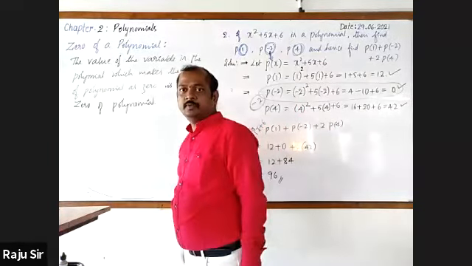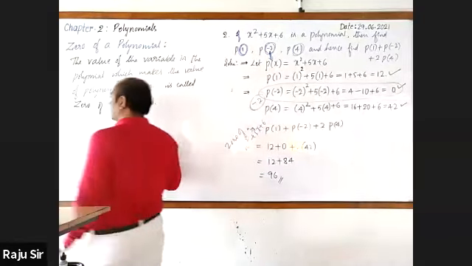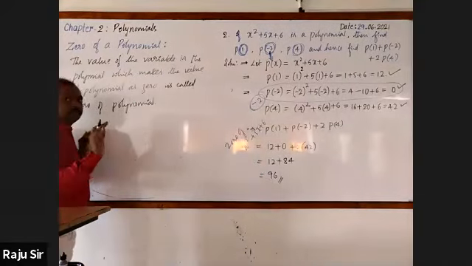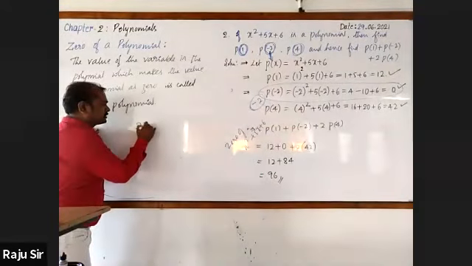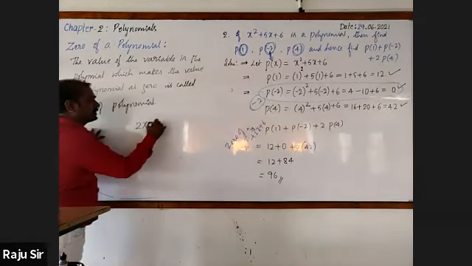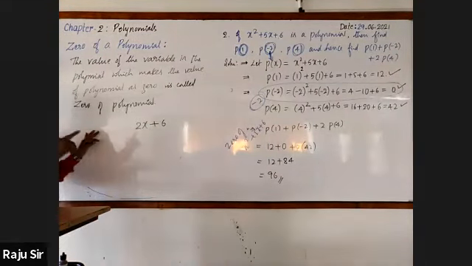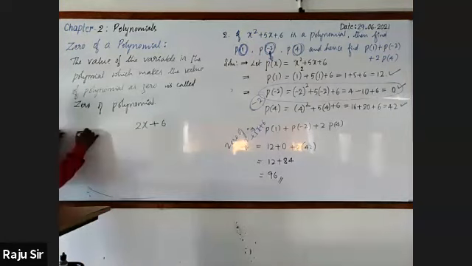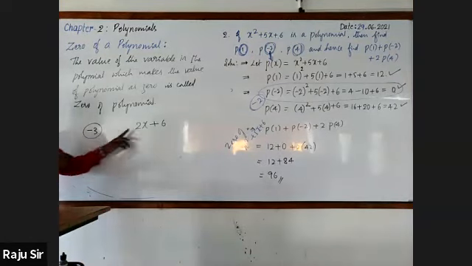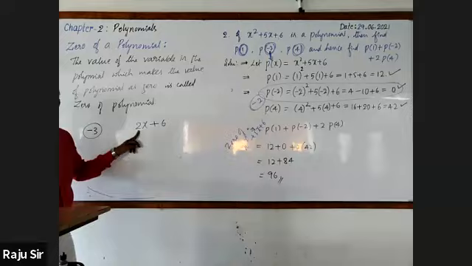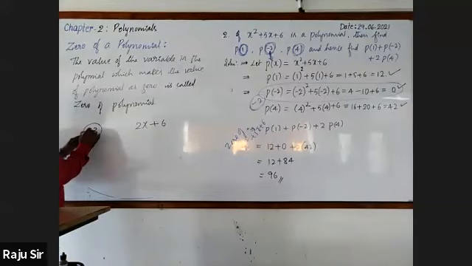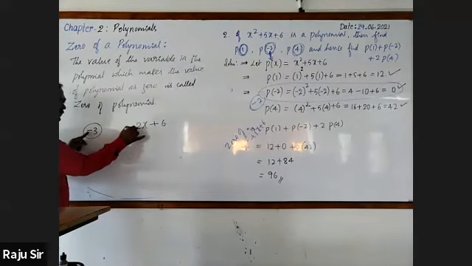Just observe it and take the same example. You should not go for writing, just look at the book. 2x plus 6. For this, can I say that minus 3 is the 0 of this polynomial? Yes, you can say minus 3 is the 0 of this polynomial.